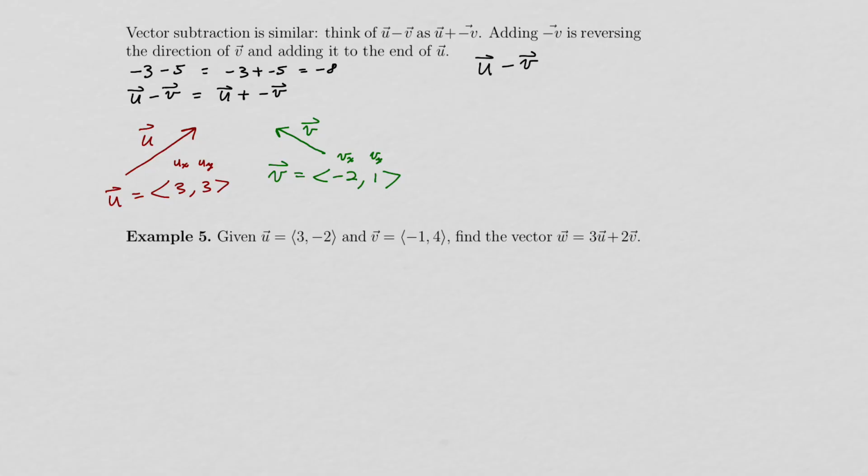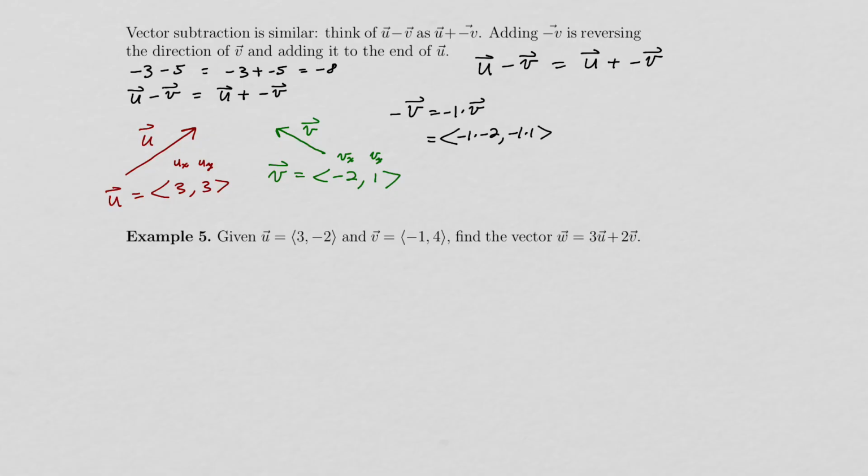First I rewrite that as an addition: u plus the opposite of v, -v. What is -v? Remember, it's -1 times v. How do I find that? I multiply each component of v by -1.